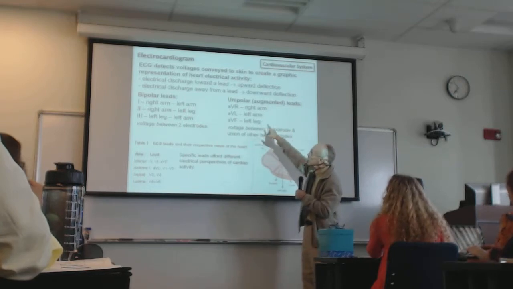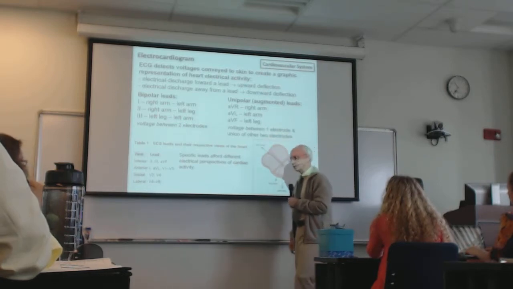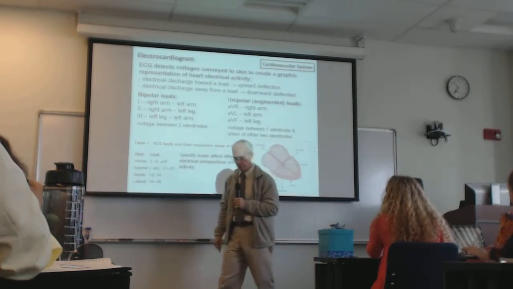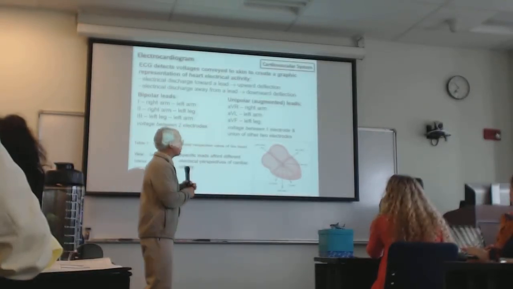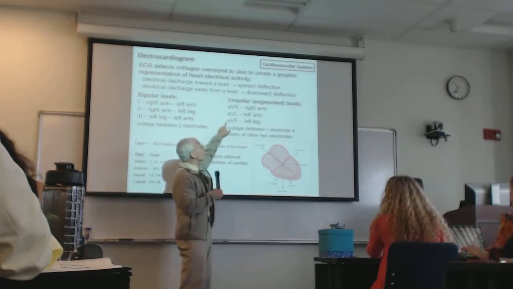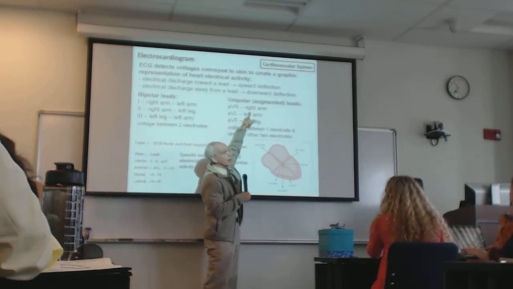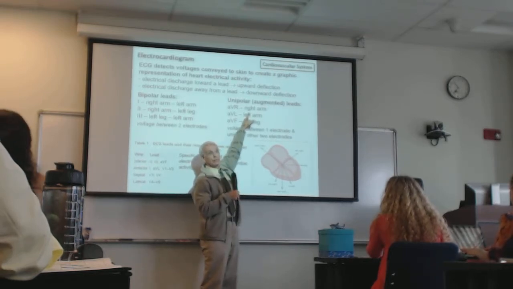In the measurements over here on the right, these are called augmented or unipolar because they're not the simple voltage difference between 2 electrodes. These are the difference in voltage between, let's say, the right arm and, I'm going to just sort of make this up, the average of the other 2 electrodes.